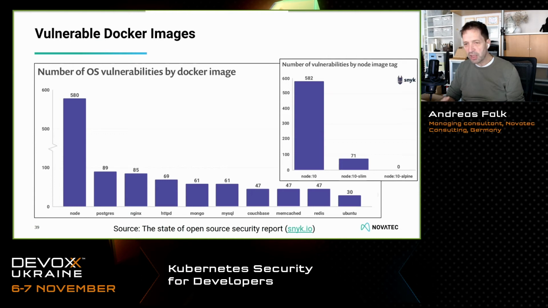You can reduce those vulnerabilities by using different variants of Node.js base images, like using the Slim variant, which drastically reduces the number of vulnerabilities, and even using the Alpine one reduces it in that case to 0, so much more secure than just using the standard node image. So always also check if there are better alternatives for using different Node.js images.